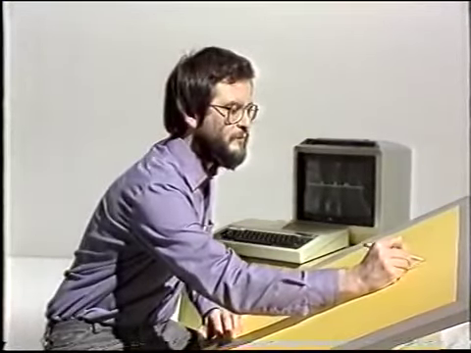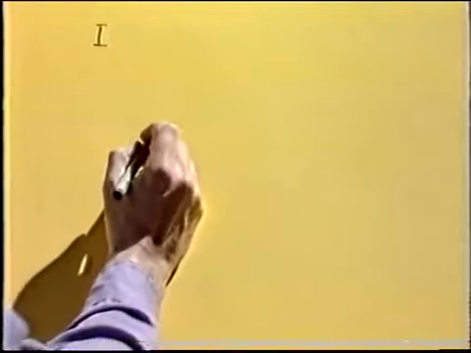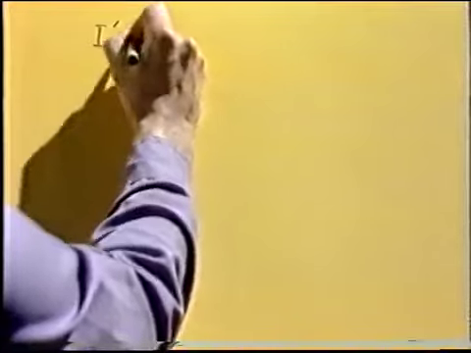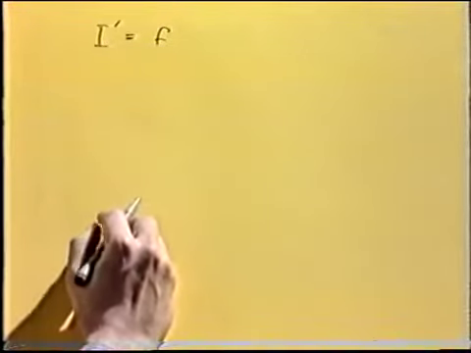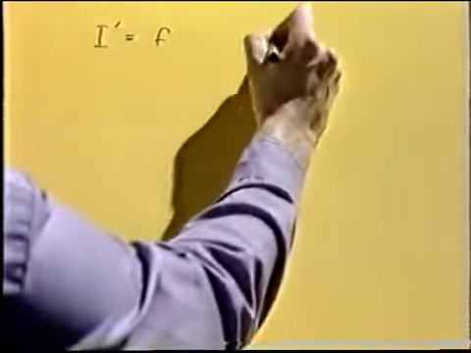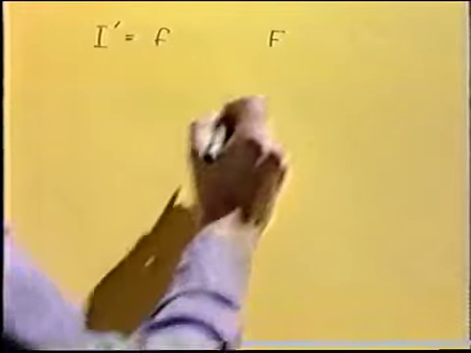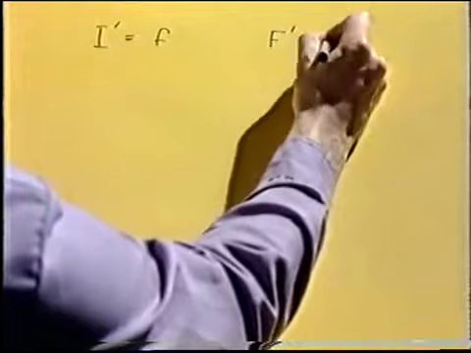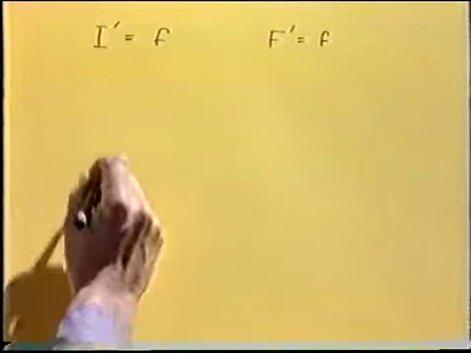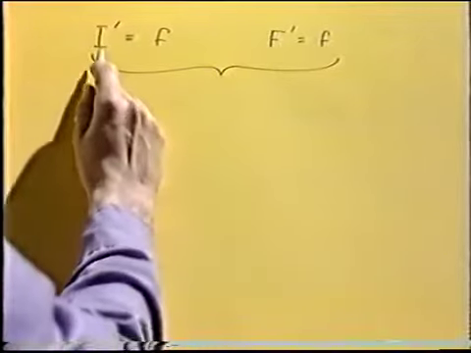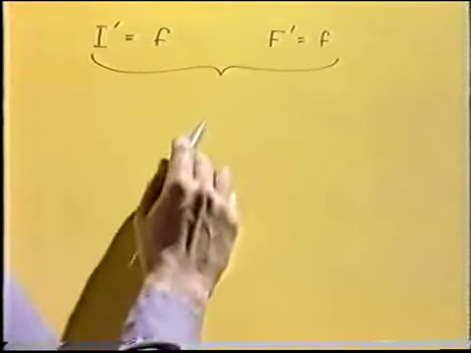Let's suppose I is our integral from 0 function. We know it's a primitive of f, so I prime equals f. Now let's choose any other primitive, big F. Again, being a primitive means big F prime equals little f. Now these two expressions mean that I prime and big F prime are equal.